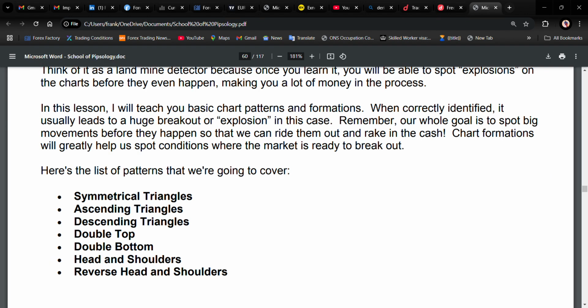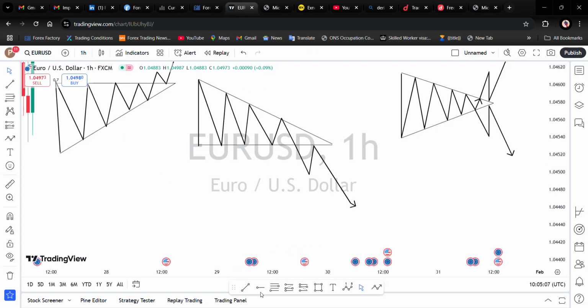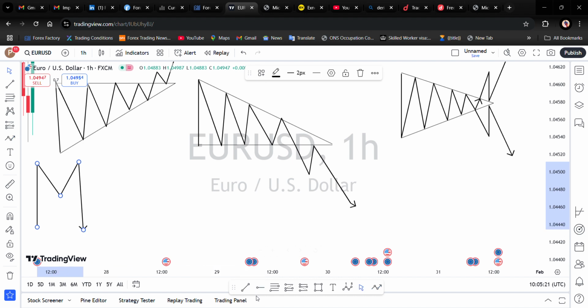So we have the double top. The double top is what looks like an M. Whenever you see an M, it implies a double top.